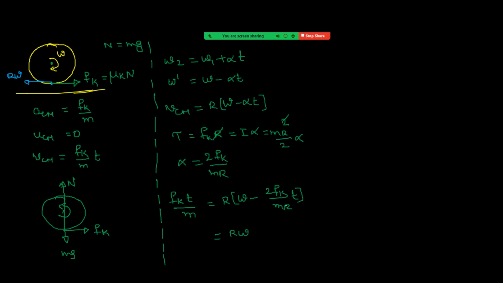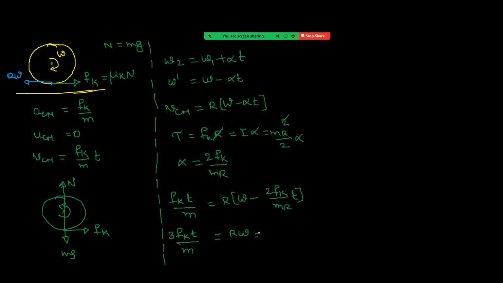When you take R inside, here R gets cancelled. Remaining is now 2FkT by m. Now take this value to the left side. It becomes now 3FkT by m. Cross check once. Taking R inside, R gets cancelled: 2FkT by m. Taking to the left side, 3FkT by m.